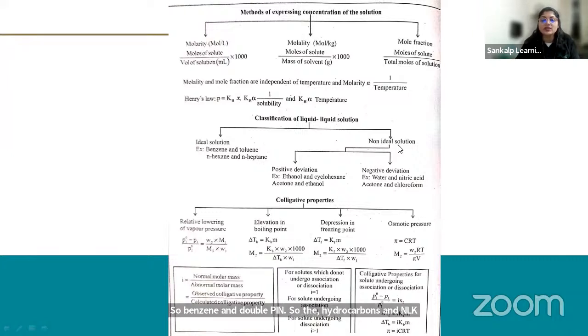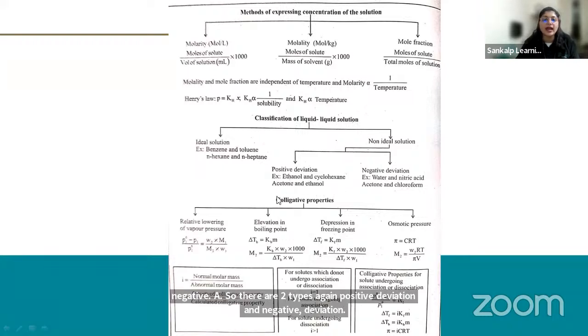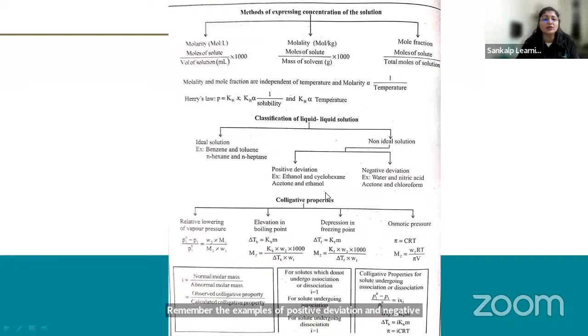Non-ideal solutions have two types: positive deviation and negative deviation. Remember the examples, very important. Positive deviation: ethanol and cyclohexane, acetone and ethanol. Negative deviation: water and nitric acid, acetone and chloroform.